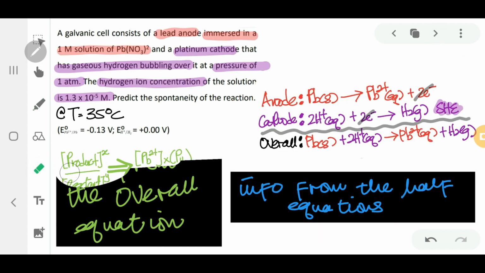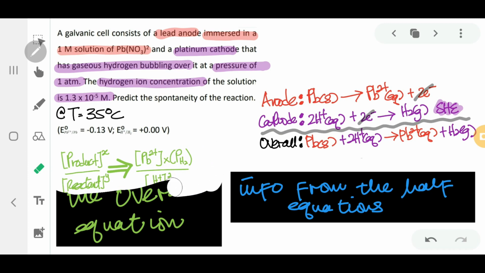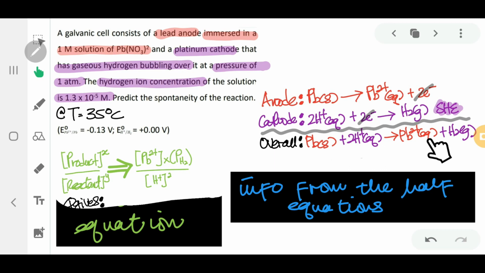By looking at your overall equation, the one on top will be the concentration of Pb2 plus, because you have products over reactants. You have the product Pb2 plus times the pressure of H2 gas, because we are dealing with pressure right now. You can work that out with the concentration, no problem.